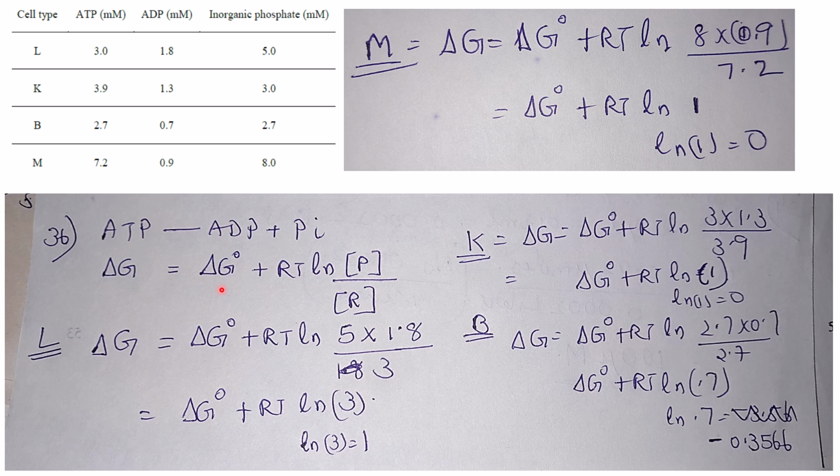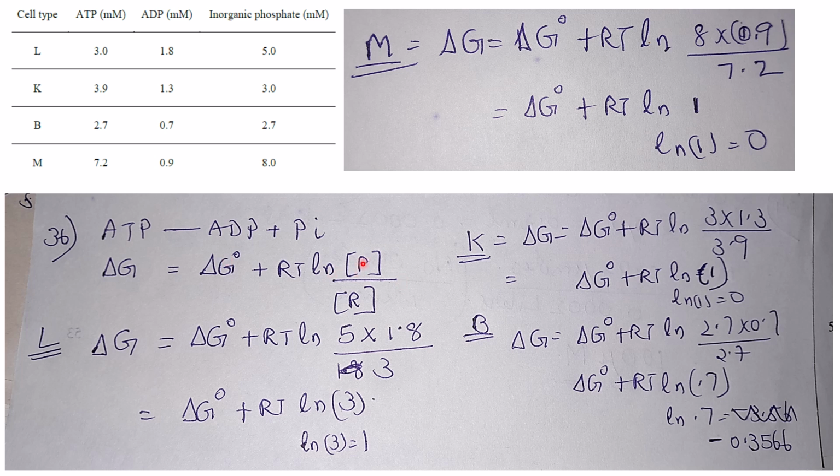Now suppose ln of concentration of products by concentration of reactants is a negative value, then delta G is going to be more negative than delta G0. Now see which cell type has a negative value.